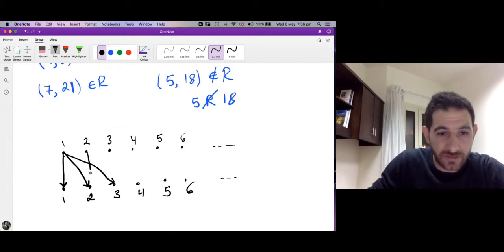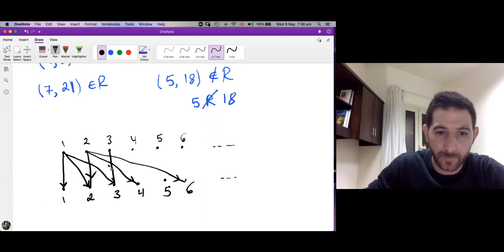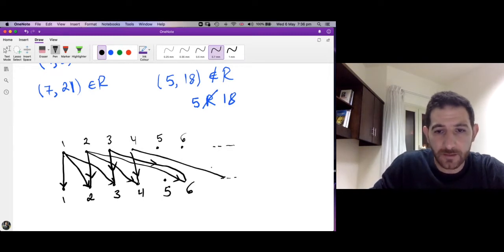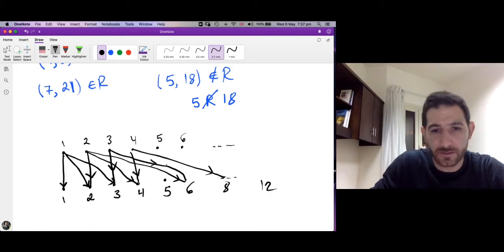Now 2 divides itself, and it divides 4, and it divides 6, and so on. 3 divides itself. It doesn't divide 2, it doesn't divide 1, it divides 6. 4 divides itself, and it divides 8, and it divides 12, right?